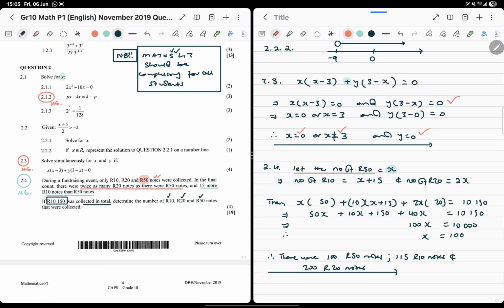Okay, there's 20 rand, so this is going to be 200 times 20. That's 4,000, so 5,000 plus 1,150 plus 4,000 is 10,150. So it means we are good. We have done our job.